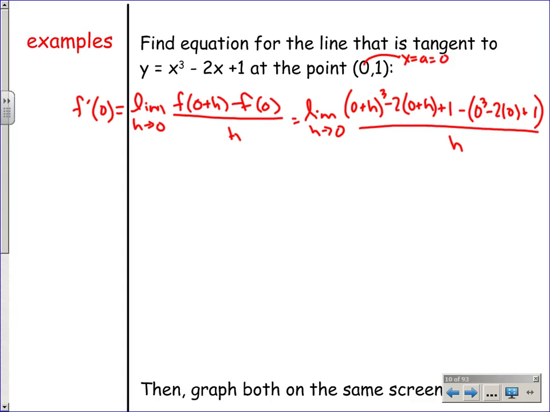And you guys did a very good job of choosing forever card number 7, because forever card number 6 would have had you cubing in x plus h. Ugh, that would have been nasty. As it is, we get h cubed minus 2h plus 1 minus 1. That's not bad.